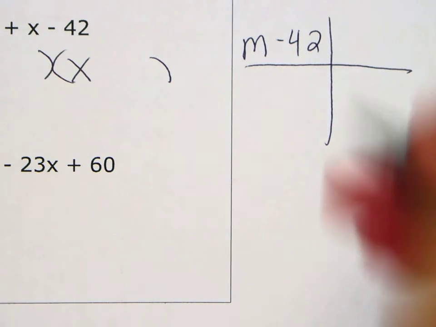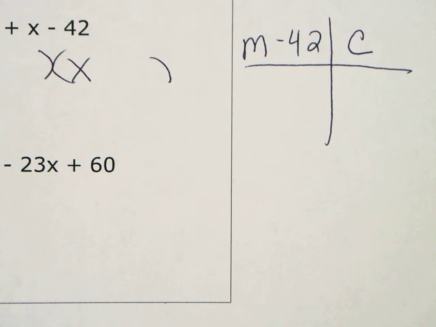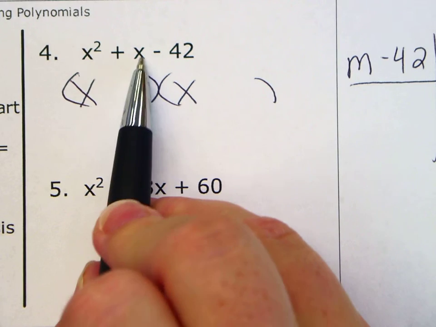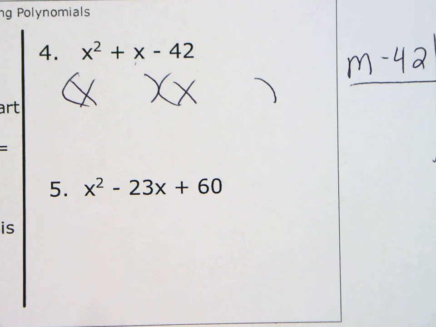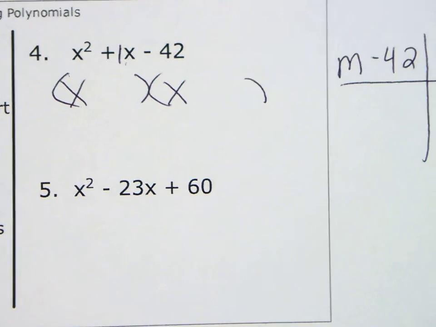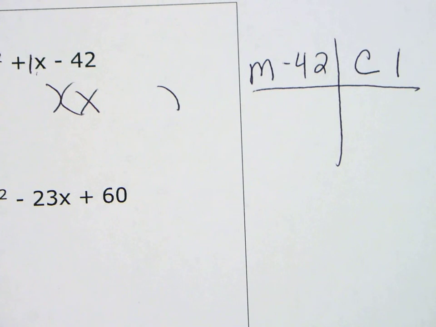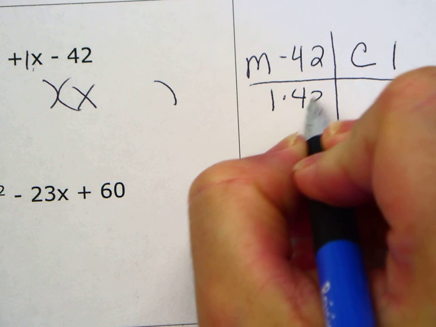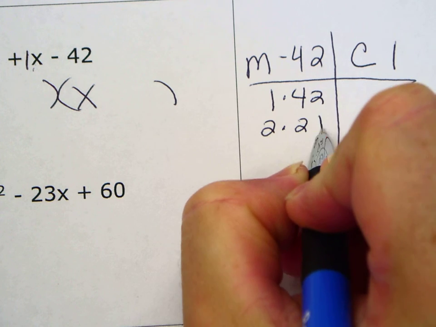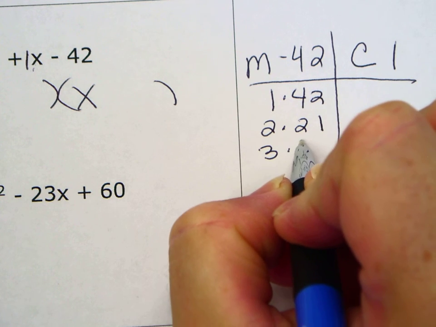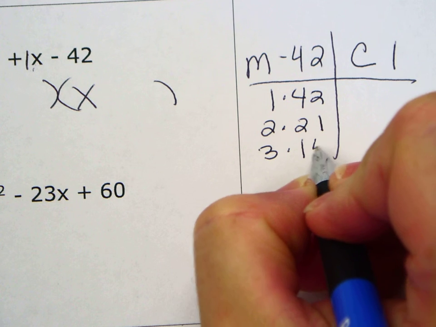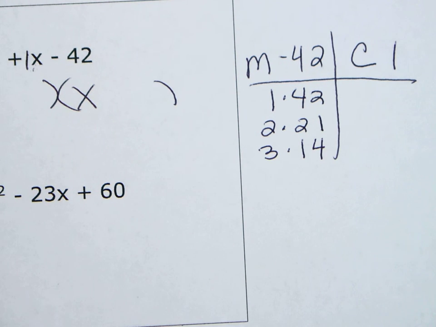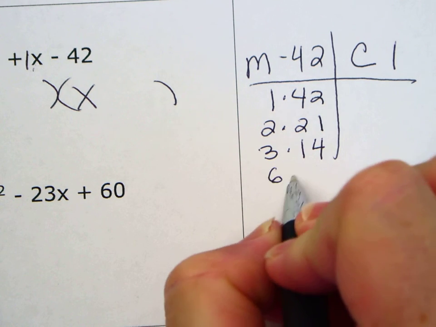Now this one's a common mistake. A lot of students tell me you're combining to x. Can two numbers add up to x? No. What is the coefficient of the x? What's in front of it? Nothing. When it's nothing, it's a 1. You're combining to 1. Okay? Write down everything that multiplies to 42. 1 times 42, 2 times 21, 3 times 14. 4 doesn't work, 5 doesn't work, 6 times 7.